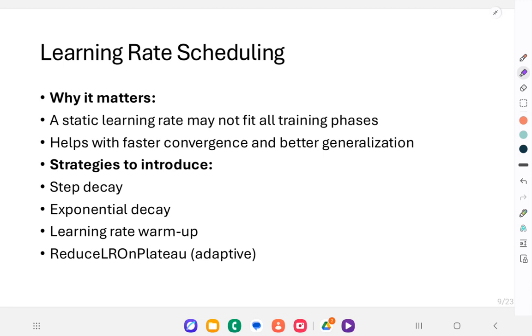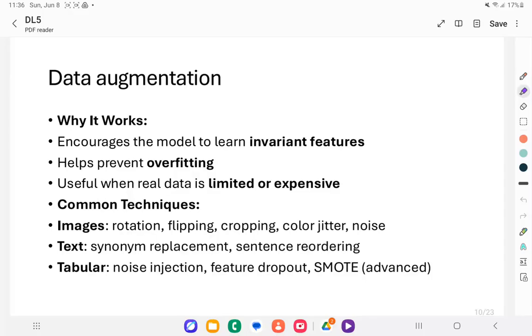We could also start with a very low learning rate and increase it gradually. This helps when the model is sensitive to large gradients in early steps. This is common in transformers and also in CNNs. So learning rate scheduling not only speeds up convergence, but it can also improve generalization.